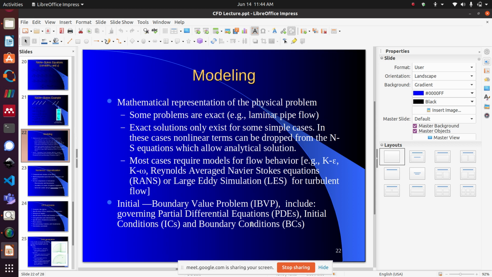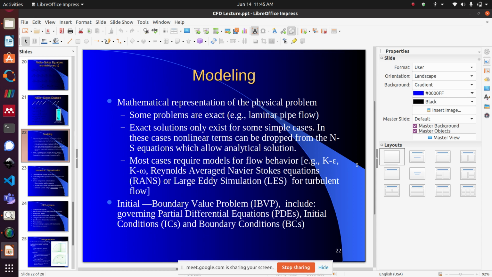And usually for an unsteady case, in general, you have initial conditions and boundary conditions. The initial conditions usually refer to the state of the flow problem at time t equal to 0. And boundary conditions talk about the restrictions from the boundary in the spatial coordinates.